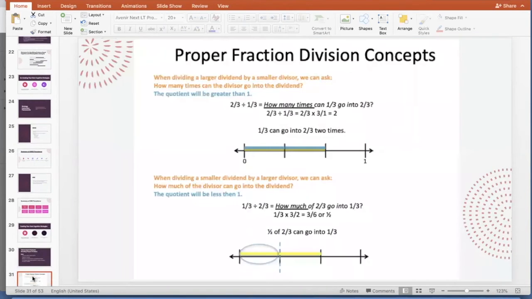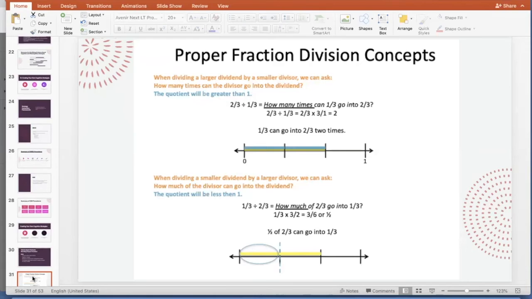But I also know that I want students to understand what they're doing when they're dividing fractions. I want them to understand the concept. So I want them to understand why, when they divide a larger dividend by a smaller divisor, their quotient is going to be larger than either of the terms in the problem.